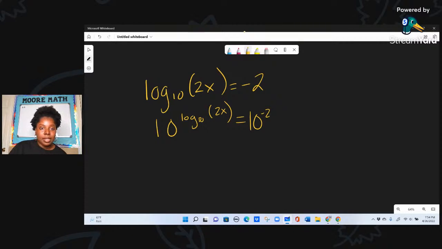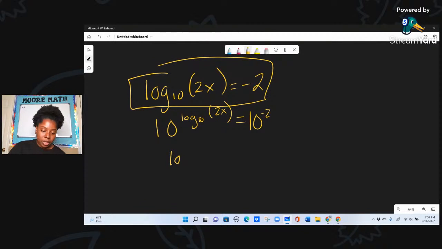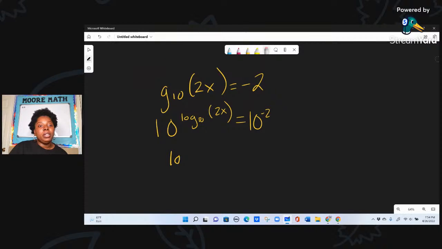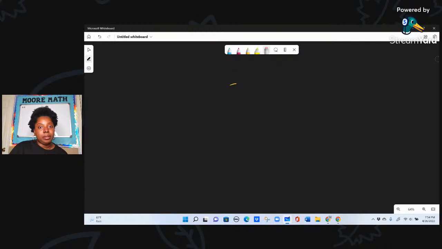And that's why the 10s will cancel out and you're left with this little thing here. When logs have a base of 10, that's when they cancel each other out. But if it's any other base, it will not cancel out, only at base 10.